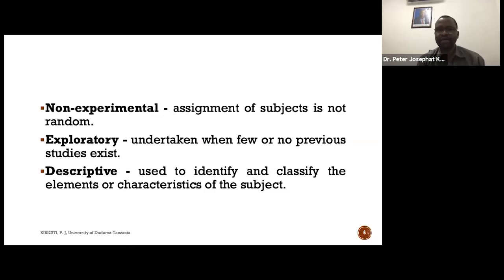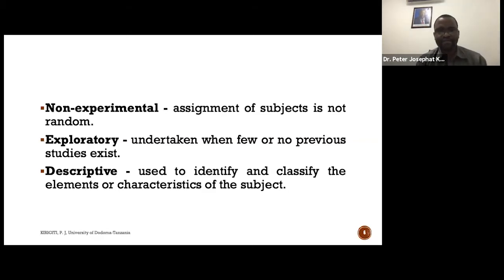So here you can see that it is very important to know the kind of survey that you are going to conduct. Sometimes you might be interested in an exploratory survey. That means we have very little information on a new phenomenon, and we want to explore for information. Then we'll go for this one, for sure.